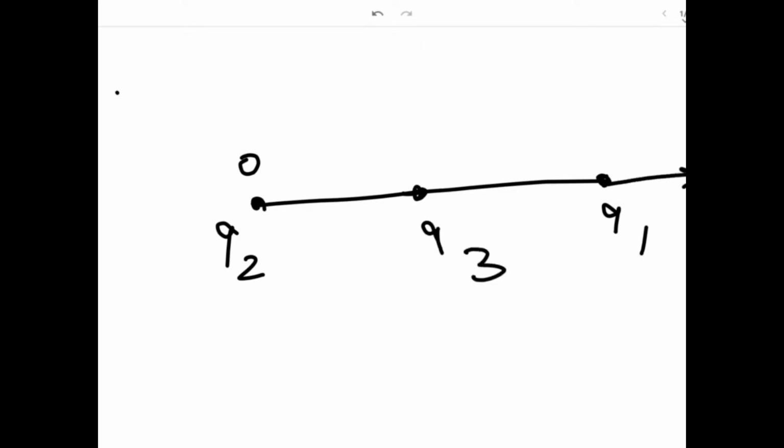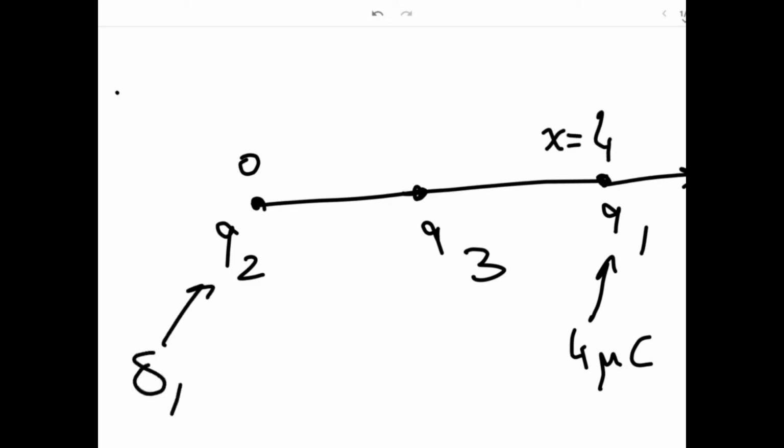The positive charge Q1, which is 4 microcoulombs, is at x equals 4, and the positive charge Q2 equals 8 microcoulombs is at the origin. A negative charge Q3 is placed on the x-axis such that the resultant force is 0. What is the x-coordinate of Q3? I'll give you a few seconds to answer the question, and then I'm gonna come back.